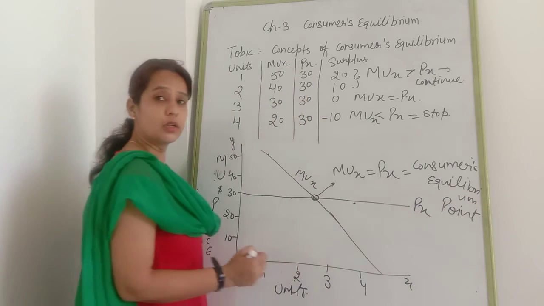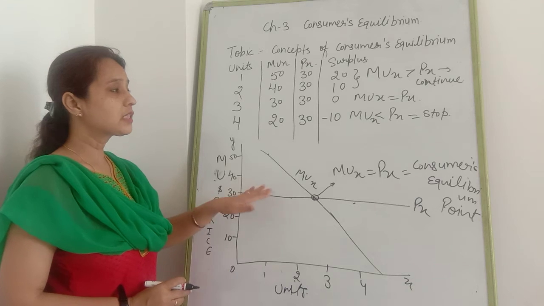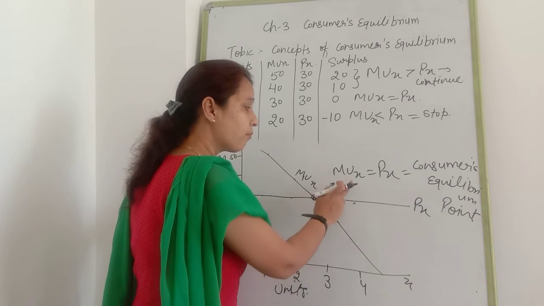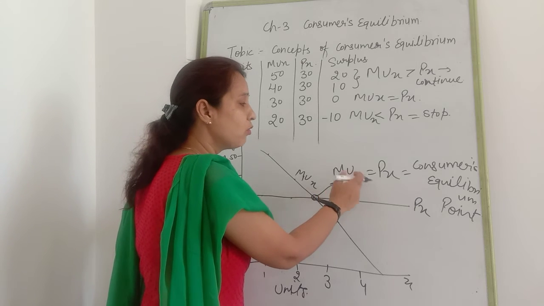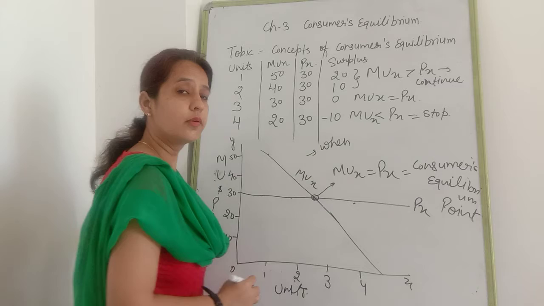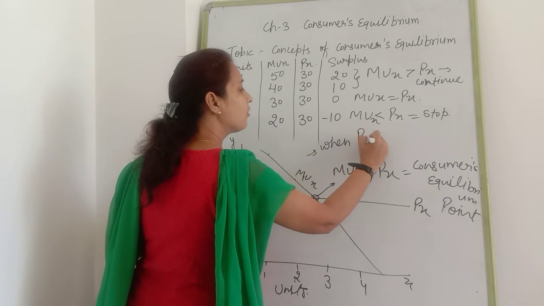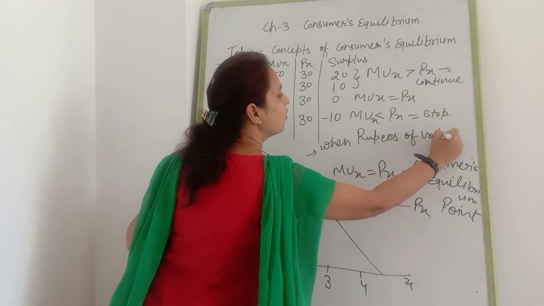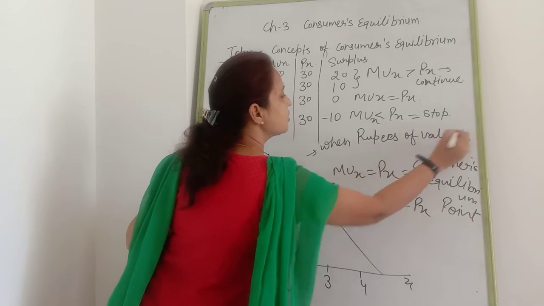Clear? That point is known as the consumer equilibrium point, and this applies when we calculate MUX equal to PX when the value of rupees is one.